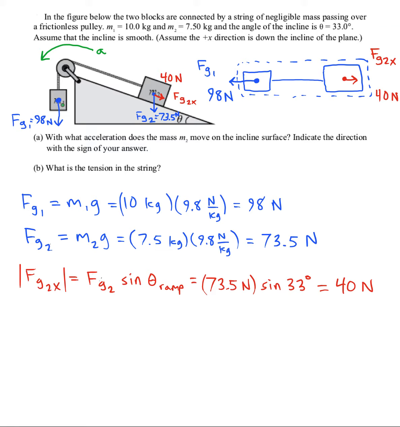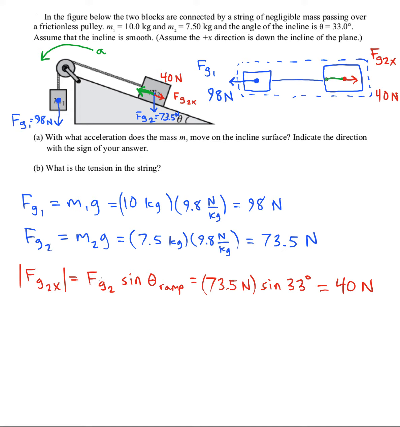Now, if M1 is going to accelerate down, the only way that can happen is if the Ft that acts on it, the force of tension, is less than the force of gravity there. But also, if M2 is going to accelerate up the ramp, the only way that could happen is if Ft, the force of tension that acts on it, is greater than Fg2x.